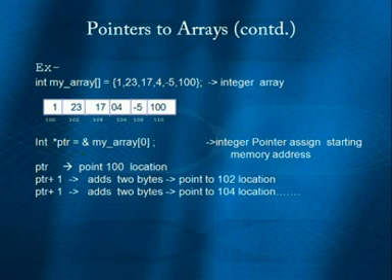This example shows the incrementation of the pointer depends on the data type of the array. If it is a float array, it will add 4 bytes, and if it is a double array, it will add 8 bytes.